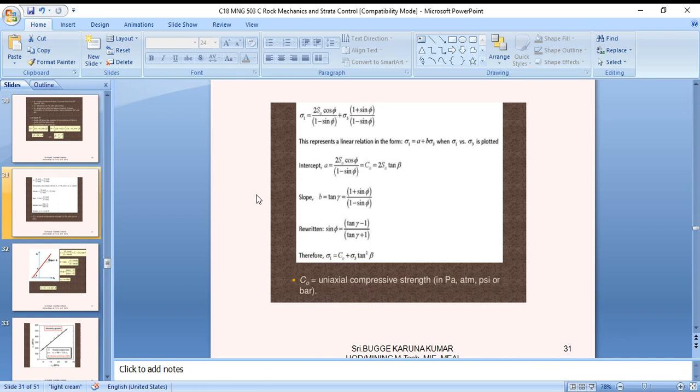Then this is another equation for the representation of relations in the form of Mohr's, given the uniaxial compressive strength in pascals. This is the ultimate strength term, squared.